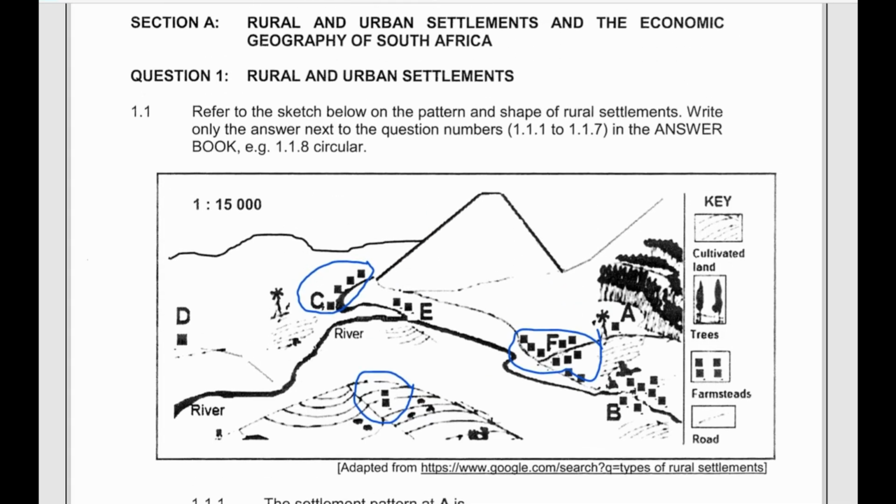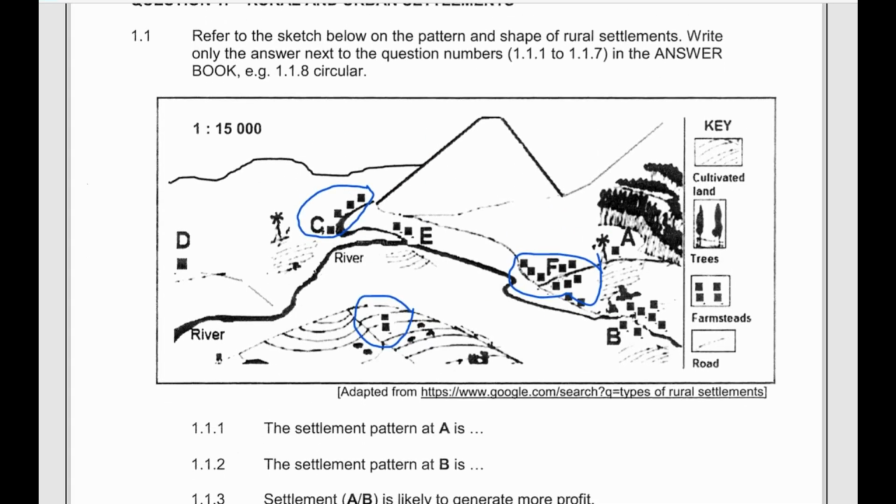Maybe before we look at the questions, I need to make a distinction between two aspects of settlement: the shape of a settlement and the pattern of a settlement. Learners tend to confuse those two.